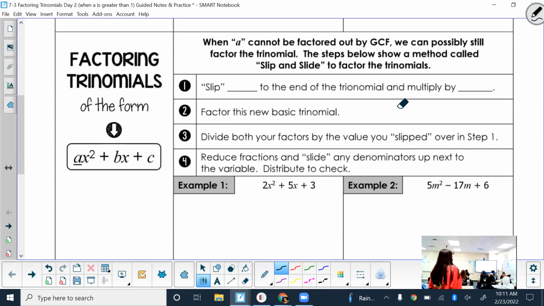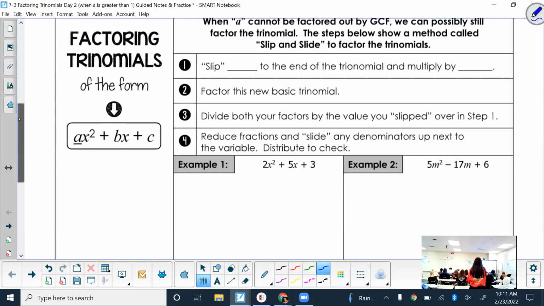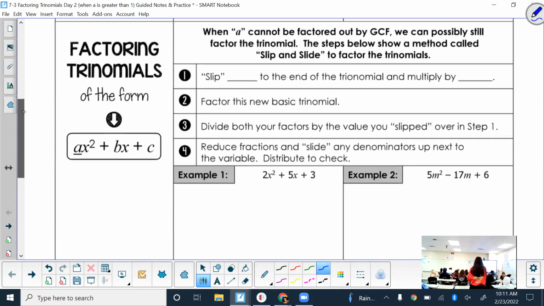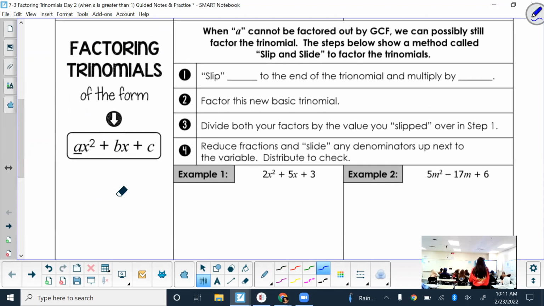I'm just gonna keep it simple and just have it be the diamond method, which we already learned, just with a couple added steps. So in this margin over here, write down what I write down. So we have trinomials in this form when A is not 1.